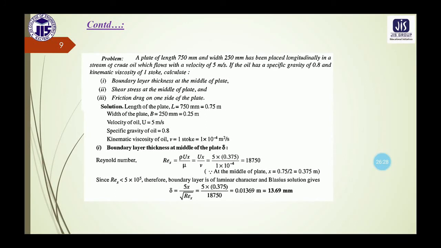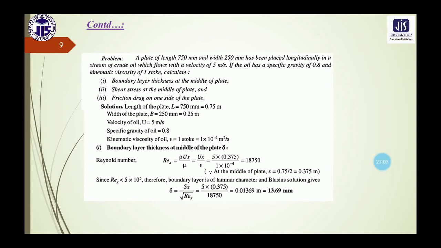So first we need to calculate the boundary layer thickness at the middle of the plate. Now in this question, no equation for the velocity distribution is given. So as per our discussion, we need to take the Blasius exact solution as the default velocity distribution, and we will consider its corresponding boundary layer thickness formula and the skin friction or drag coefficient formula.